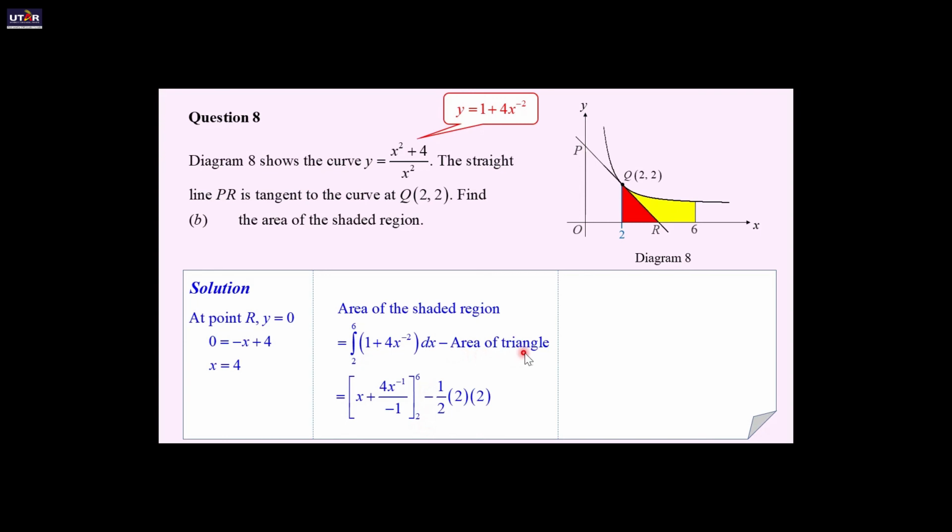For the area of the triangle, we have negative half multiplied by the base, which is 2 units, multiplied by the height, which is also 2 units. Simplify the integral and continue with the evaluation. Then you will obtain the area of the shaded region equal to 3 and 1/3 units squared.